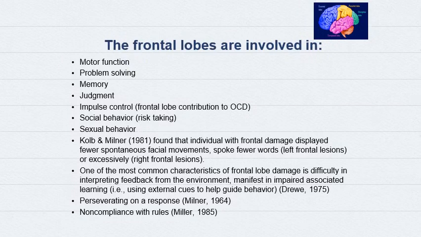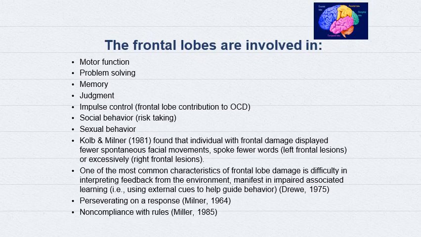So the frontal lobes are involved in the following: motor function, movement, problem solving, memory, judgment, impulse control, social behavior, sexual behavior. In 1981, it was found that individuals with frontal damage displayed fewer spontaneous facial movements, spoke fewer words, or excessively, says a lot of words. So, it depends on which part the lesion is in.